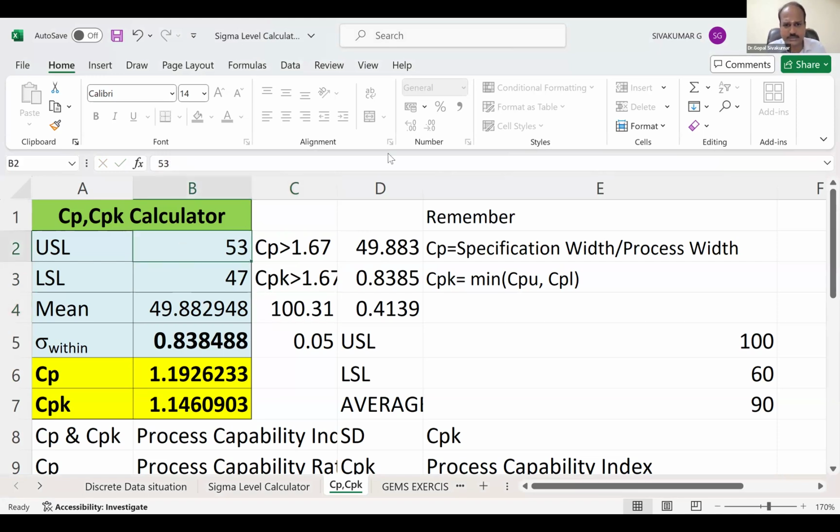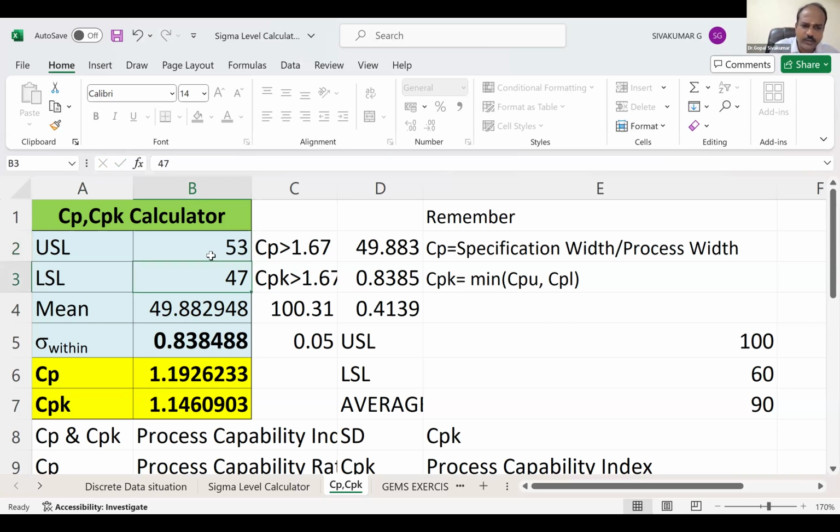Now imagine you are running a process. Let us say it's a coating process. Customer requirement is 50 micron thickness of coating, and customer given tolerance is plus or minus 3 microns. Now, what is your upper spec? 53.